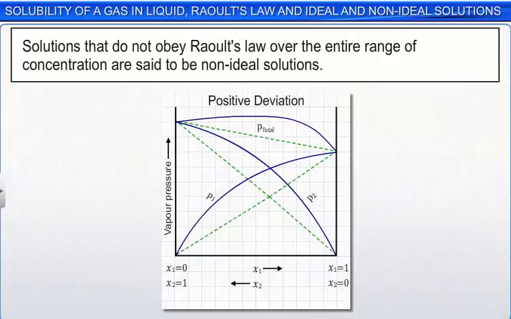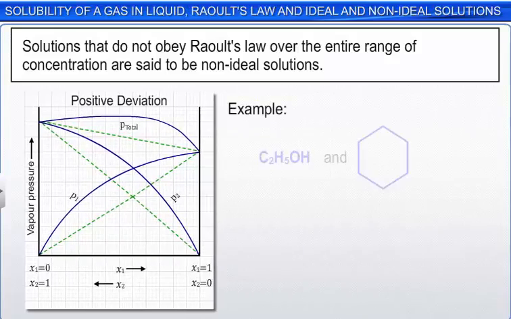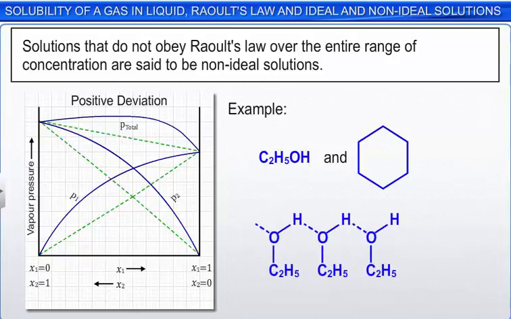The total vapor pressure of such a solution is greater than the vapor pressure corresponding to the ideal solution of the same composition. For example, a mixture of ethanol and cyclohexane shows positive deviations from Raoult's law. Ethanol exists in highly associated form due to hydrogen bonding.